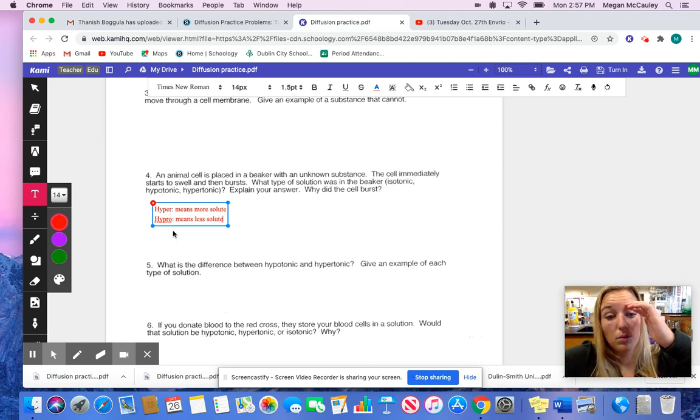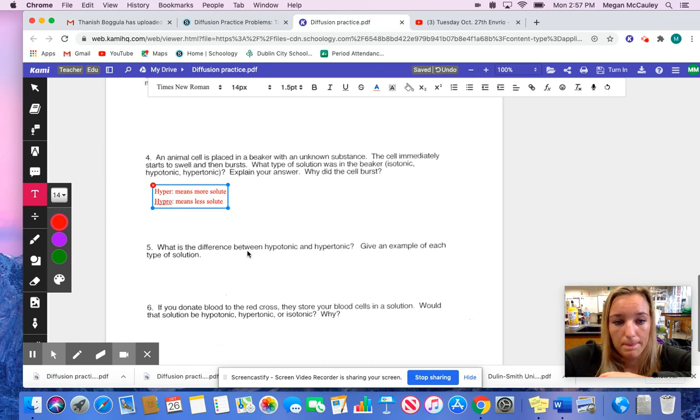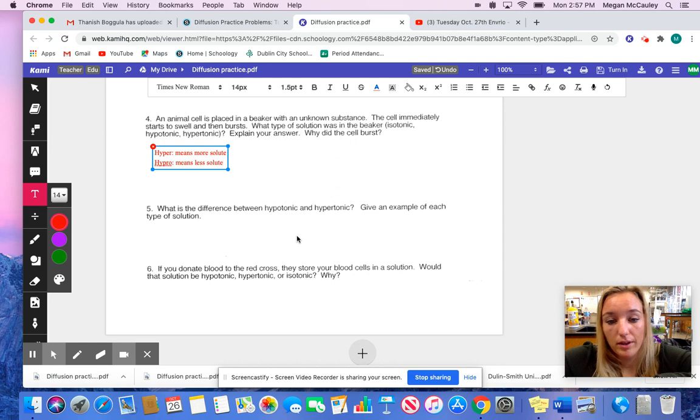And the water will shift from the hypo to the hyper. Okay? So explain the difference between hypotonic and hypertonic. I just helped you with that one. And if you donate blood to the Red Cross, they store your blood cells in different solutions. Would that solution be hypotonic, hypertonic, or isotonic? And why do you think that?